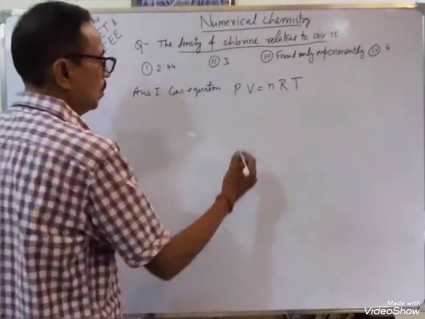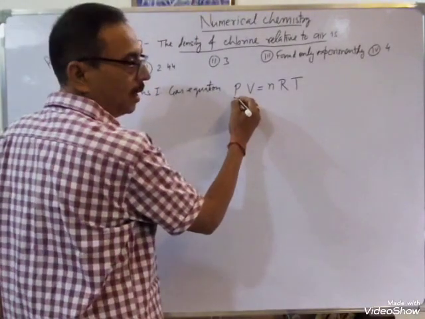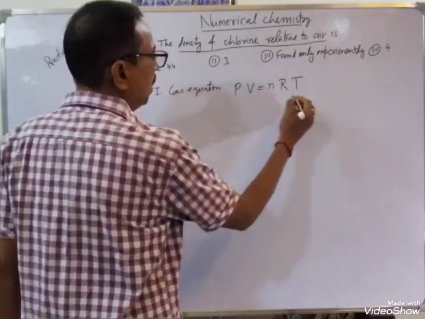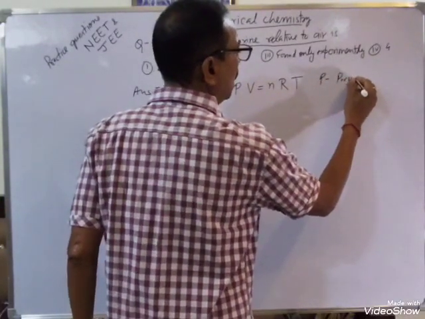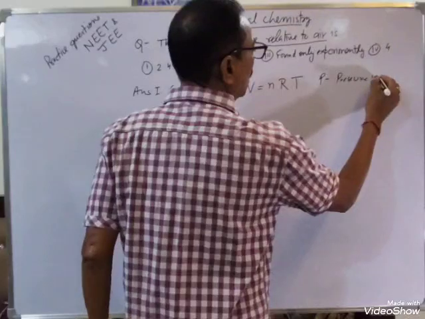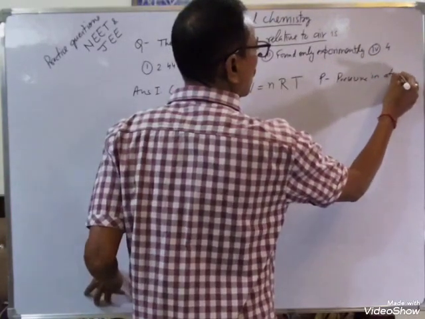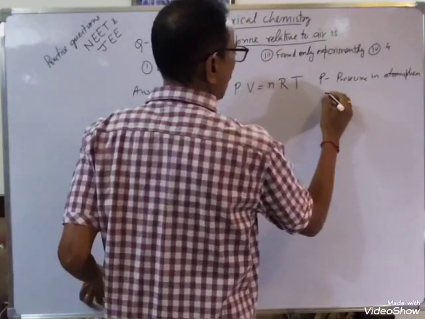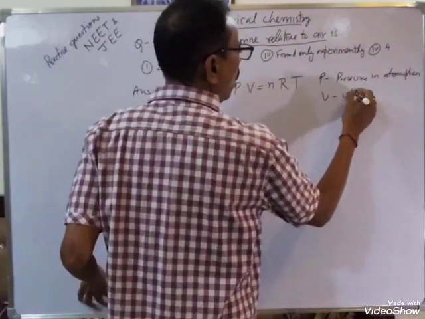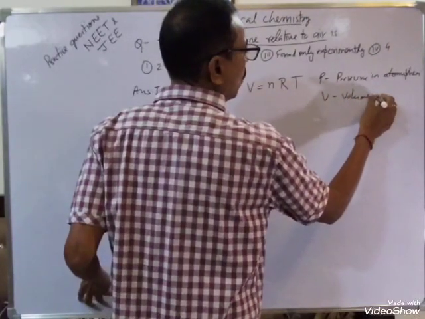So P is the pressure. Please write down pressure in atmosphere. Atmosphere is the unit of pressure. V, volume in liter.